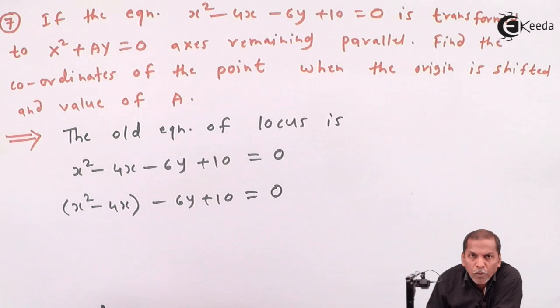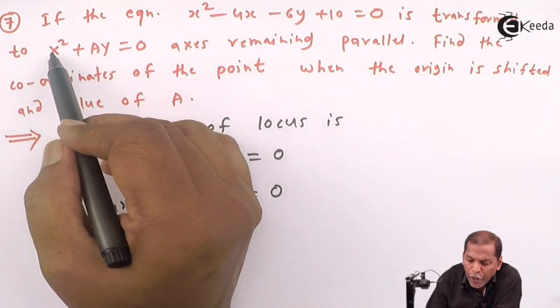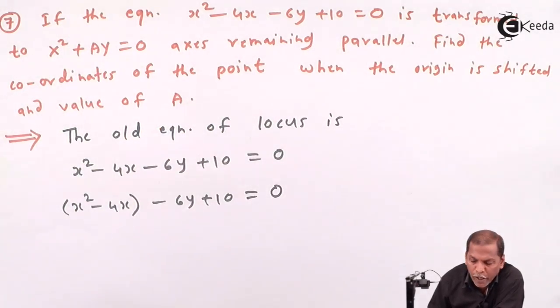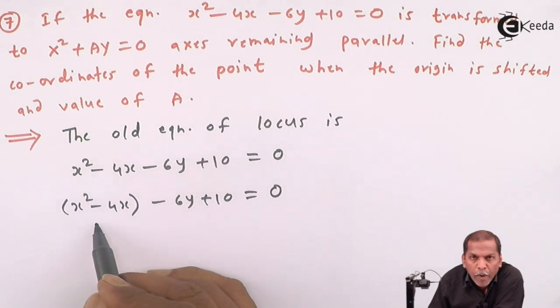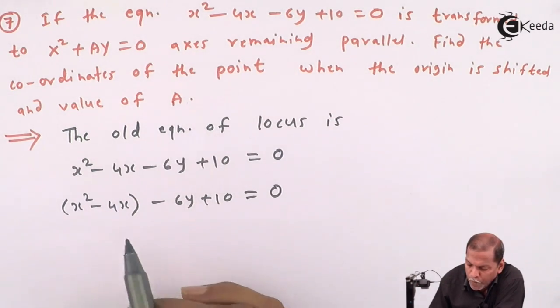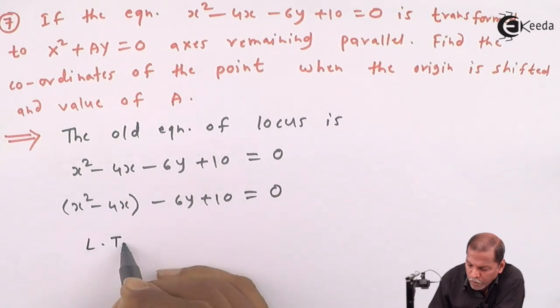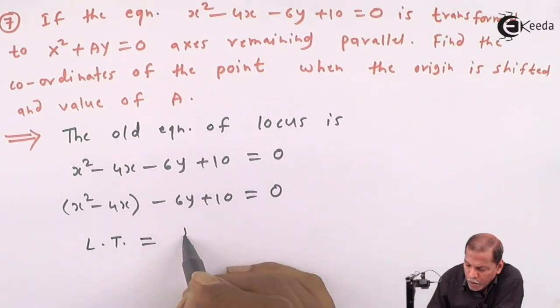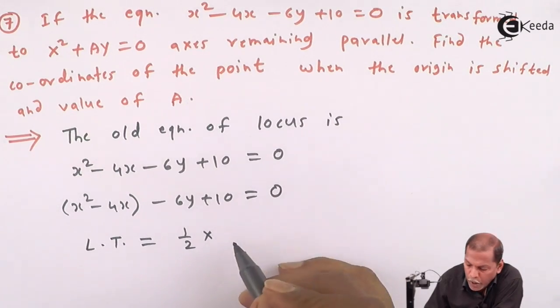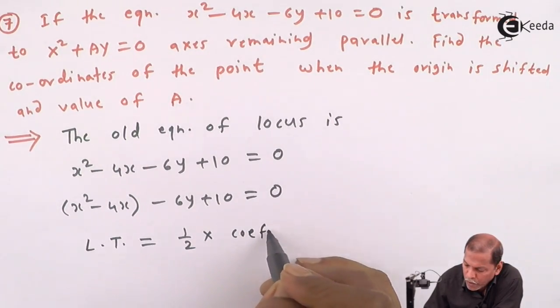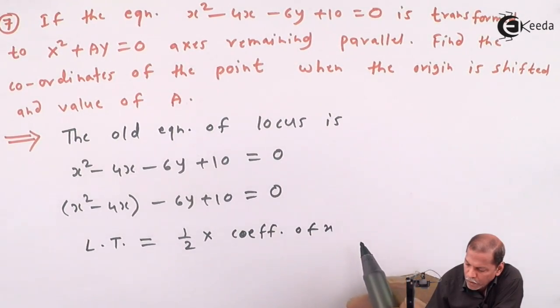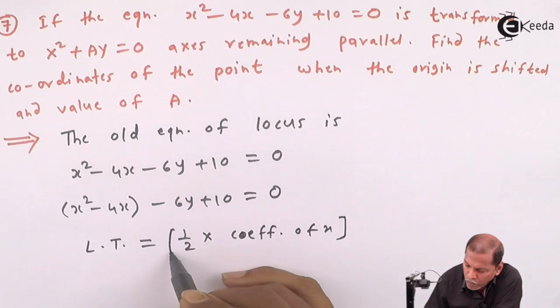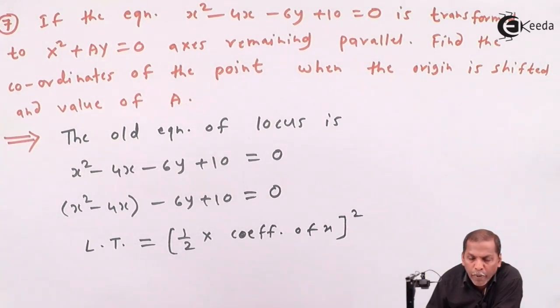Now if you observe the new equation of locus, in that new equation we have capital X whole square plus aY. So here we have to make the first bracket a complete square. For that purpose we find the last term. So LT is equal to 1 upon 2 into coefficient of x, whole bracket square.